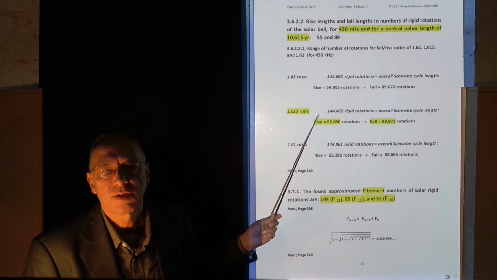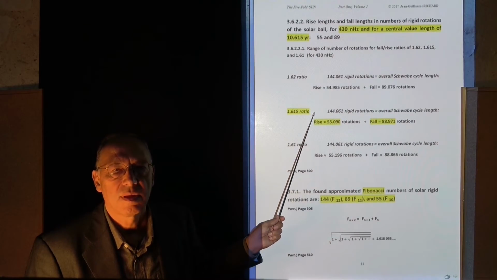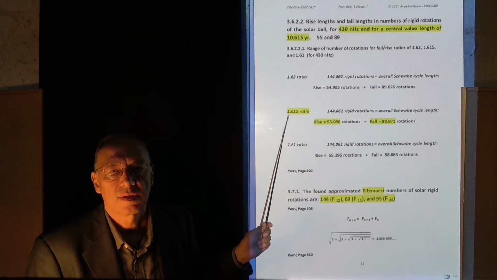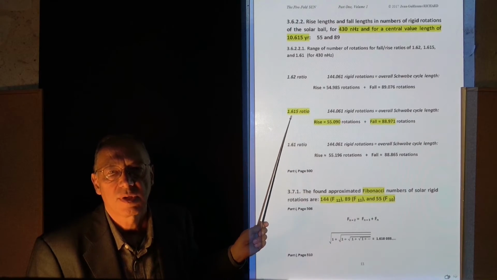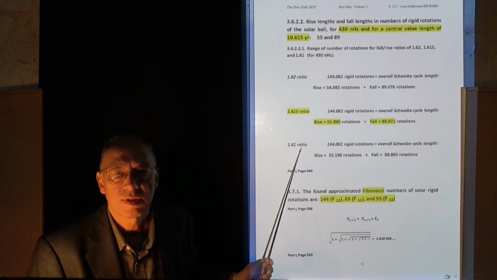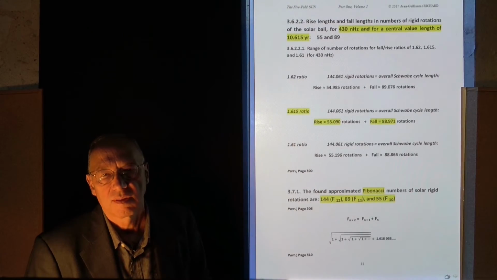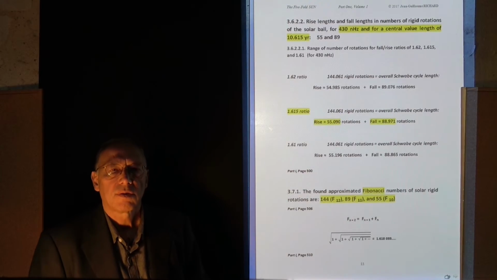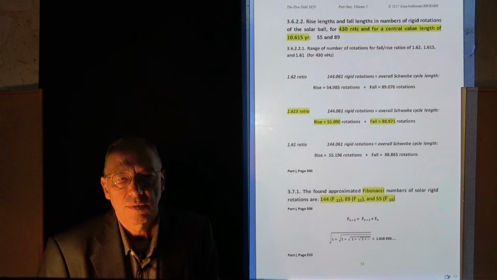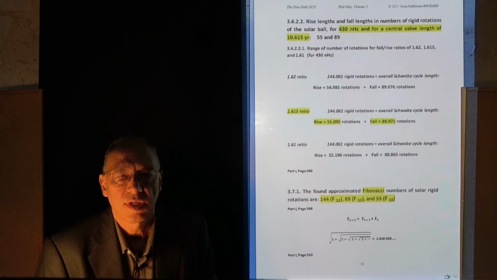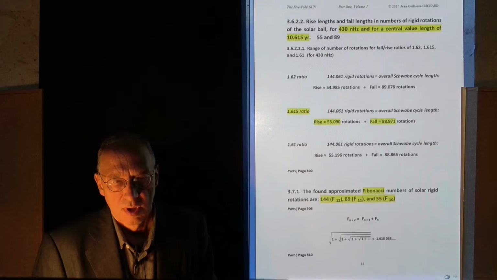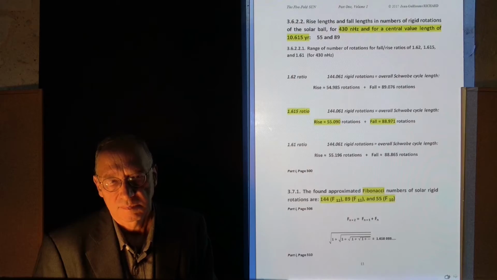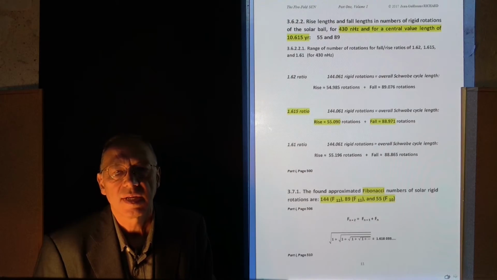This depends on the actual ratio between the fall and rise leg length, which, as we saw, is about 1.61, maybe 1.615, from 1.61 to 1.62. These are the central values. So we find a solar cycle of about 144 rigid rotations divided into a rise leg of about 55 rotations and a fall leg of 89 rotations.